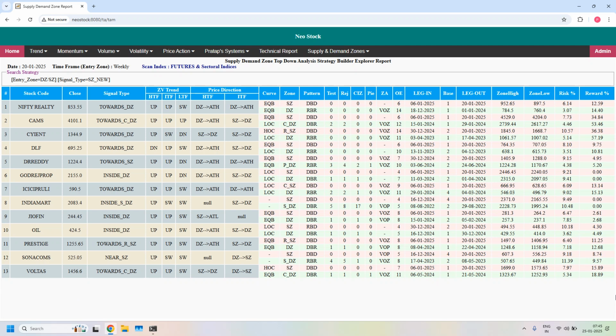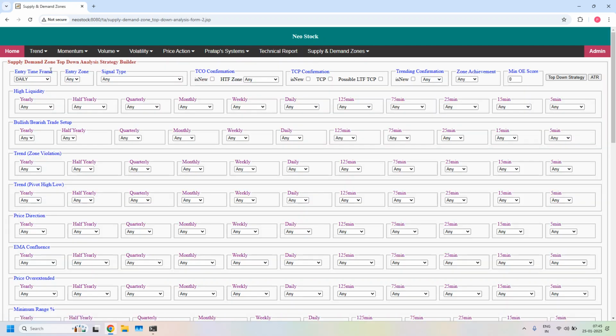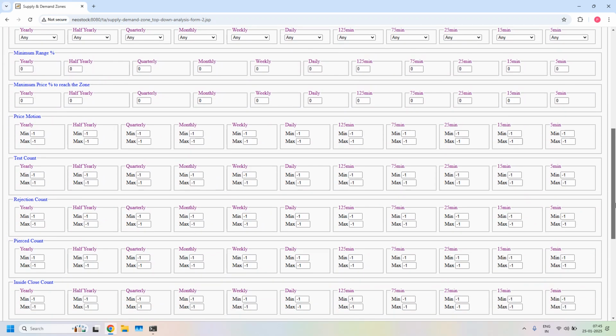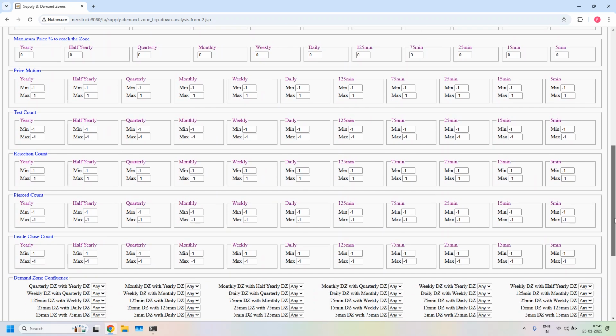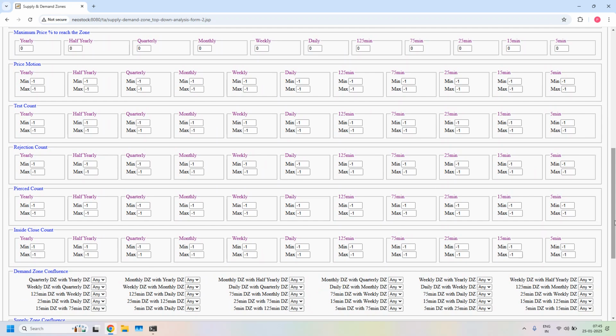Next, let us filter the stocks based on the zone confluence. So weekly time frame, stocks having LTF, ITF, HTF demand zone confluence, that is weekly, monthly and quarterly demand zone confluence.